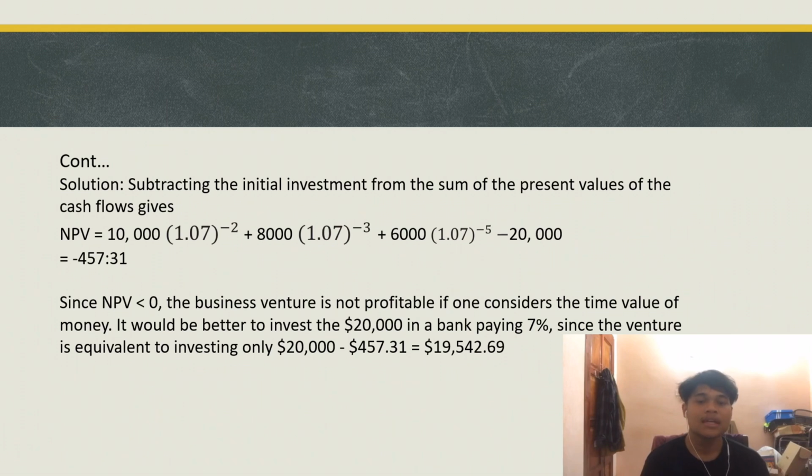So we get that NPV is negative $457.31. Since the NPV is lower than 0, the business venture is not profitable for us.